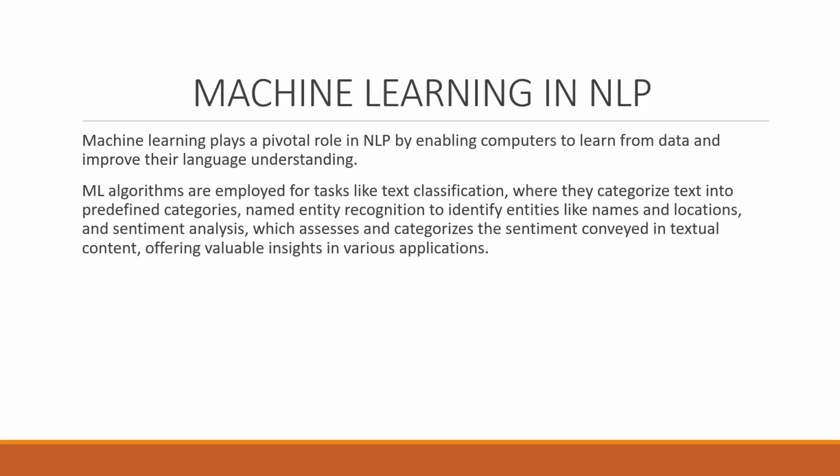What is the role of machine learning in NLP? Machine learning plays a key part in NLP, where computers can understand language through data, and it is used for different types of applications like text classification, named entity recognition, and sentiment analysis. Starting with text classification, sorting text into categories, like labeling emails as spam or not spam.